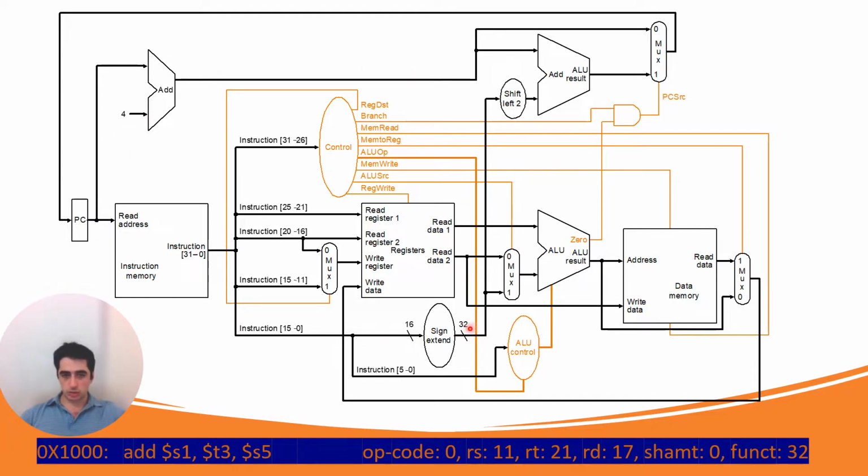I'm going to show you all the details of the data path when we are running the following instruction in MIPS. The assumption is the PC value currently is at 0x1000, and this is the current instruction.